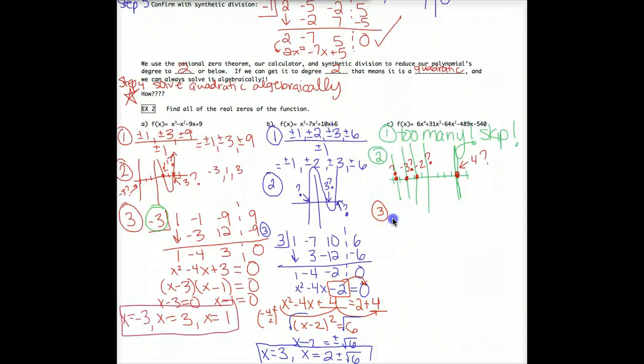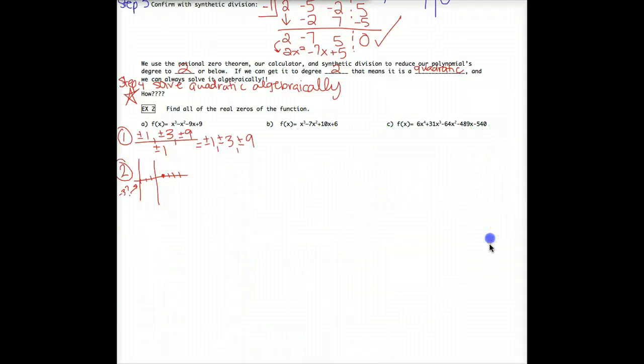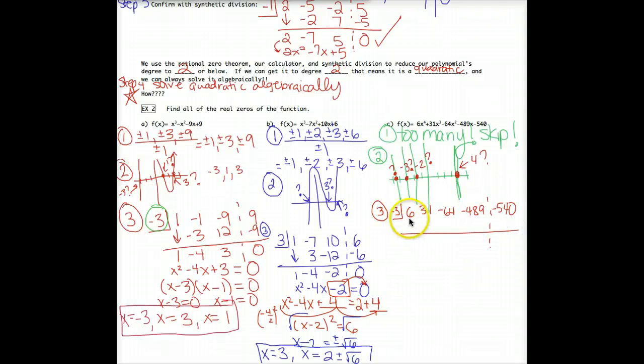So synthetic division, I'm going to start with my -3. Lots of numbers to list there. 6x to the 4th, 31x cubed, -64x squared, -489x, and then my -540. So bring down my 6. -3 times 6 is -18. 31 plus -18 is +13. -3 times 13 is -39.